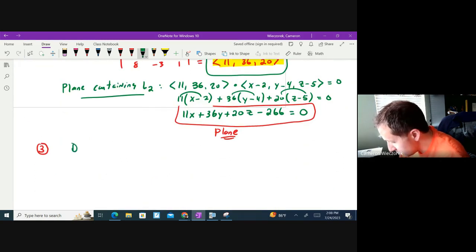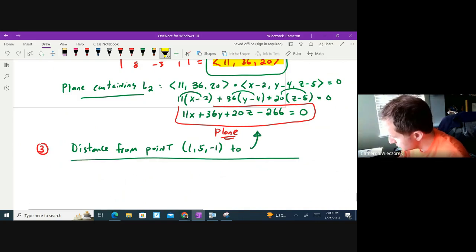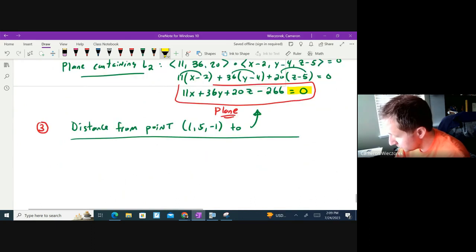So last step is we want the distance from the point on the first skew line, which was 1, 5, -1, to the plane containing the second skew line, which was this. Okay. And I like that format because it's got 0 on one side, which we need. So all we're going to do is we're going to replace x, y, and z with 1, 5, and -1.